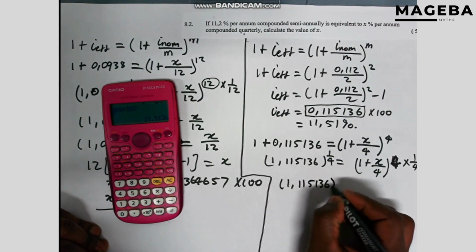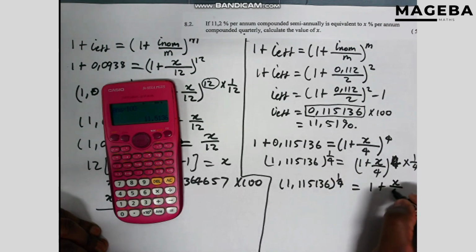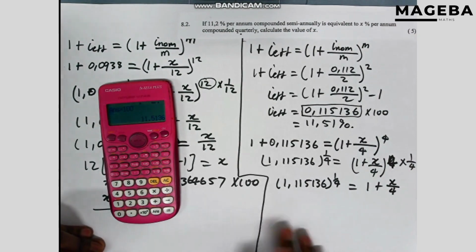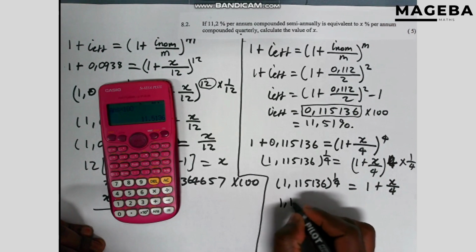And then from here, take 1 to the other side, we get 1.115136 to the power 1/4 minus 1 equals x over 4.